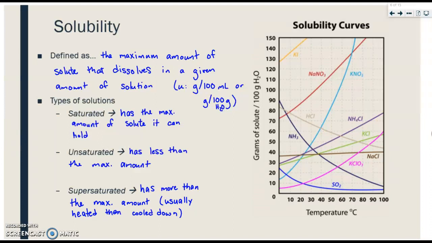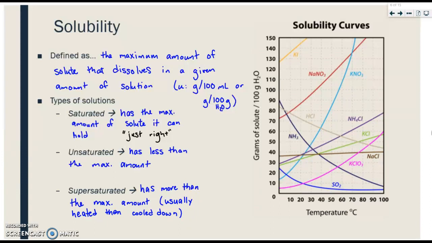There are 3 main types of solutions: saturated, unsaturated, and supersaturated. Saturated solutions have the max amount they can hold. So I often like to say that these are the just right solutions. Unsaturated have less than they can hold, so they're more diluted. And supersaturated have more than they can hold, so they're more concentrated.